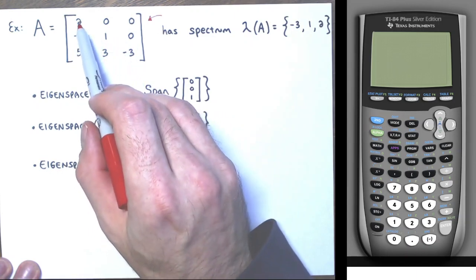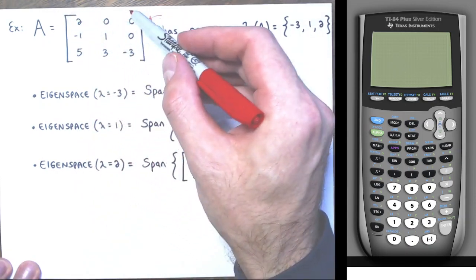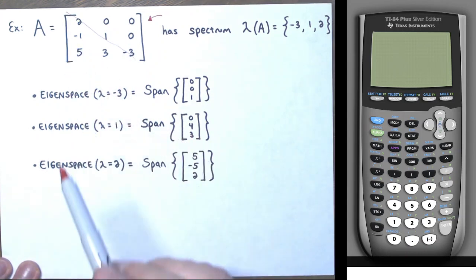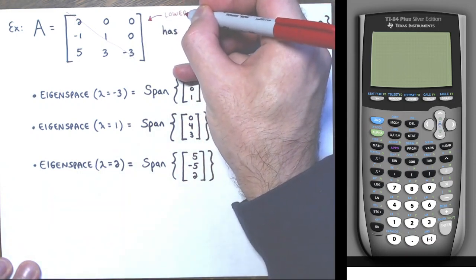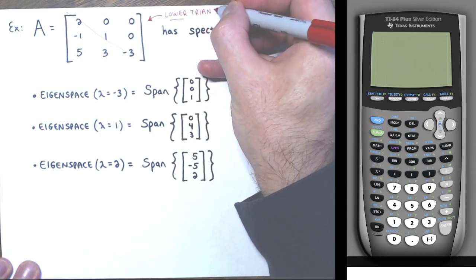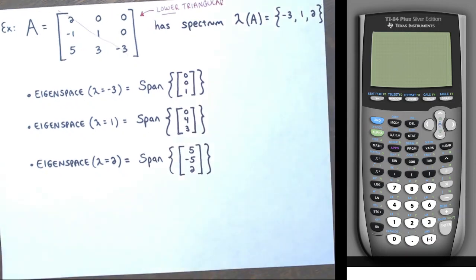This is called lower triangular. If you break the square into two triangles, an upper triangle and a lower triangle, the lower triangle is the only one that contains any non-zero values. So this is lower triangular, and statement 4 would apply.